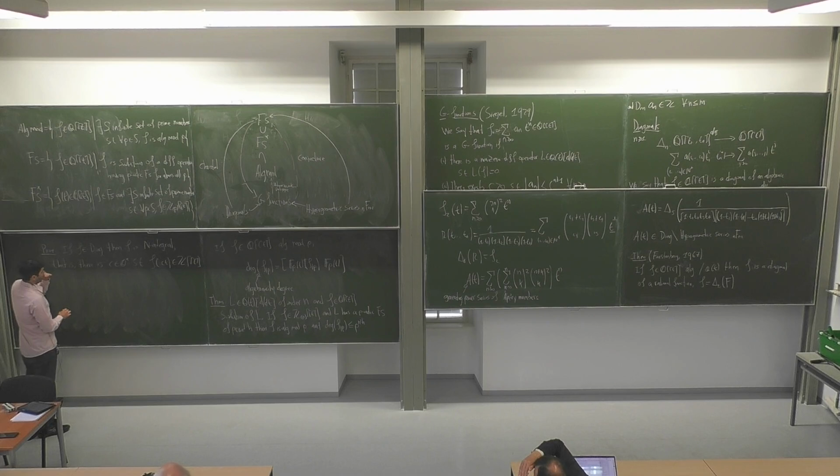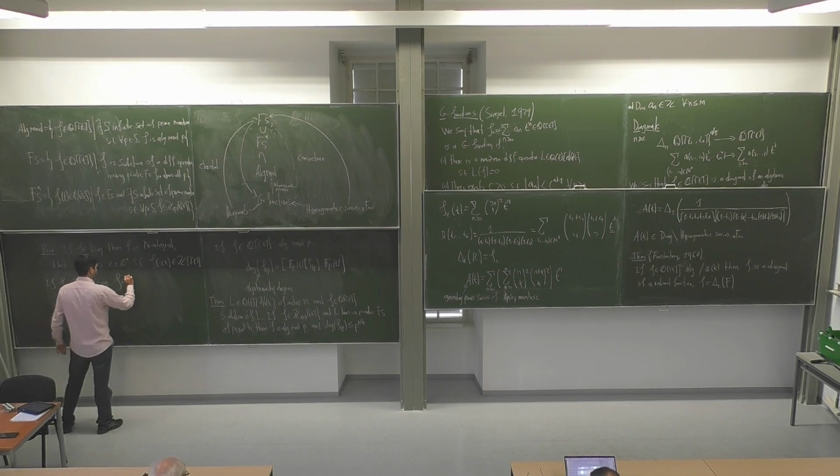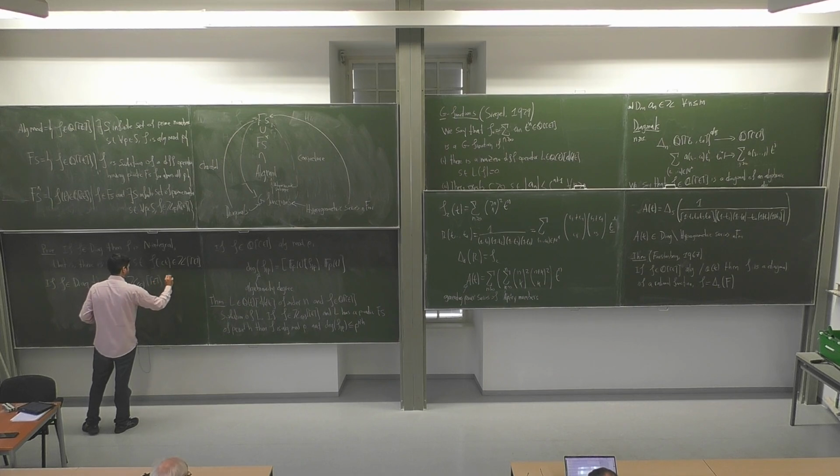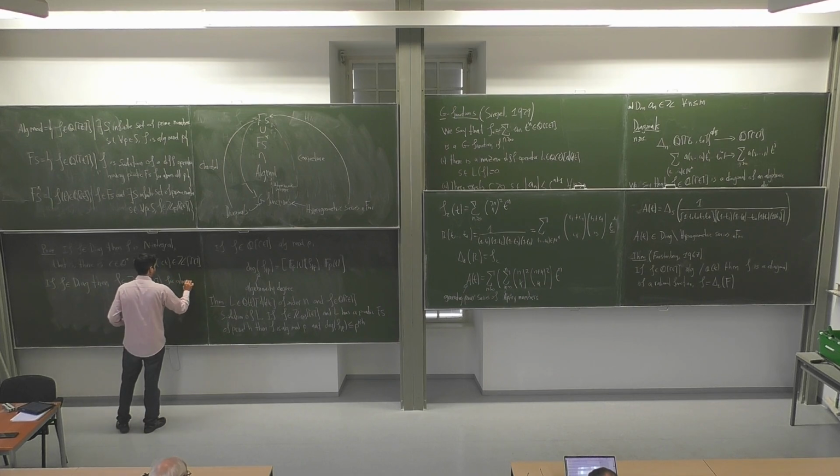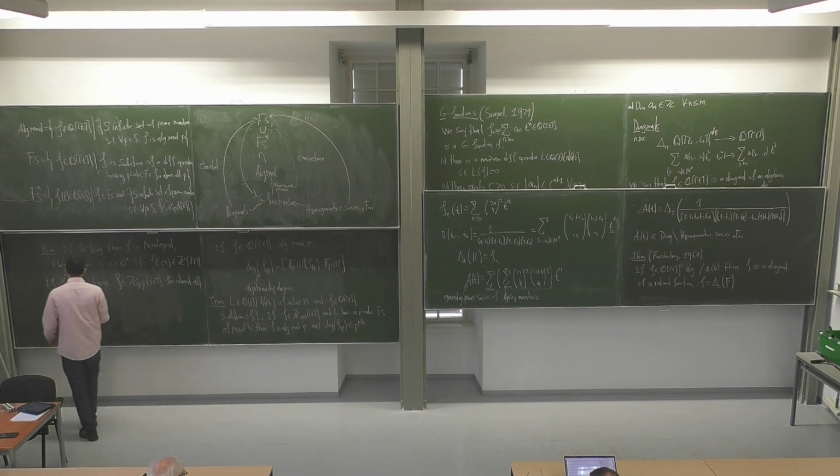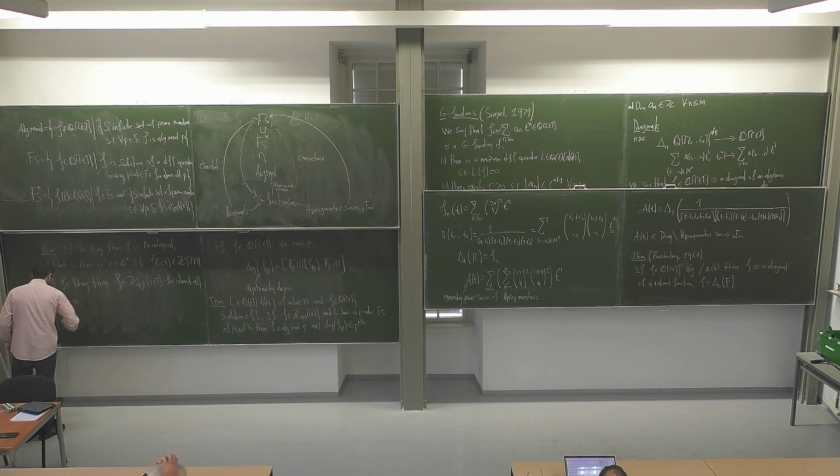Okay, so even better, that's a consequence of this proposition. So if f belongs to the set of diagonals, then f is a power series with coefficients in Z_p for almost all prime numbers.